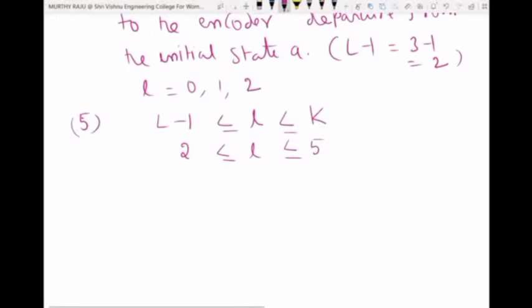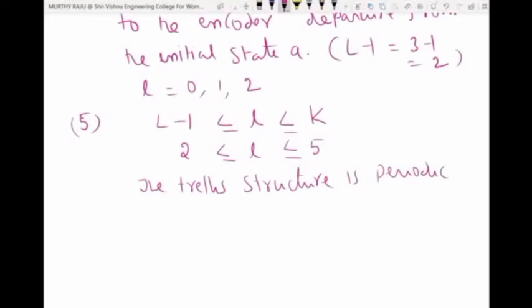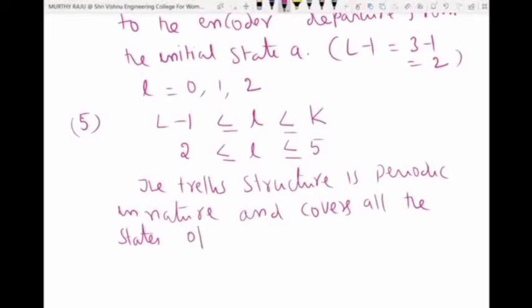In between these levels, from 2 to 5, the trellis structure is periodic in nature and covers all the states of the convolutional encoder.